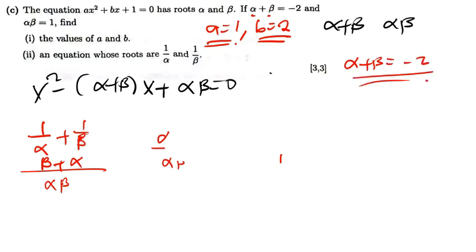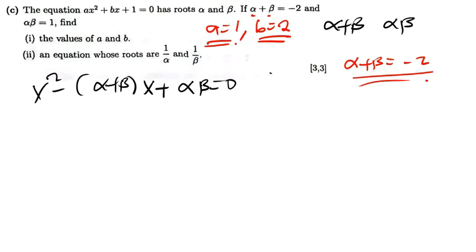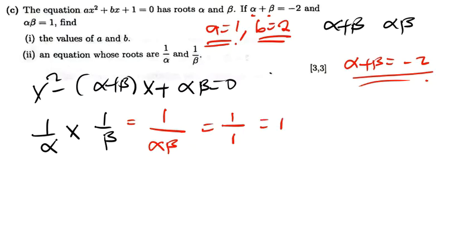Then I'll go now to the product, where I'm going to multiply them. What I've been given is 1 over alpha. I need to do times 1 over beta. So if I do times, I'll end up having 1 over alpha times beta. So alpha times beta is 1, therefore the product is equal to 1.